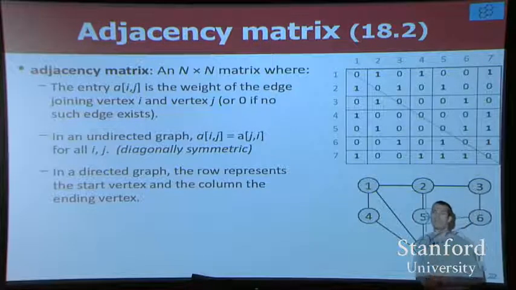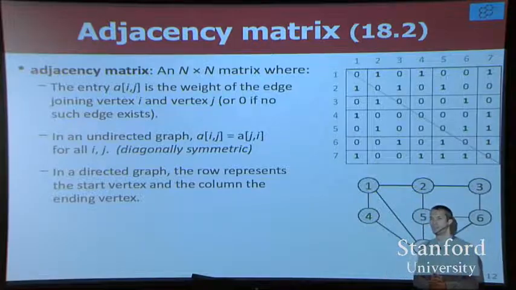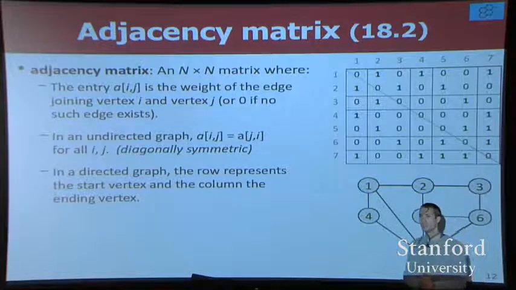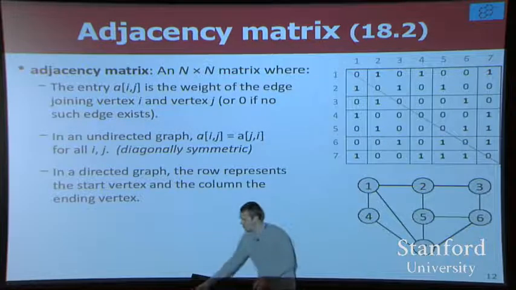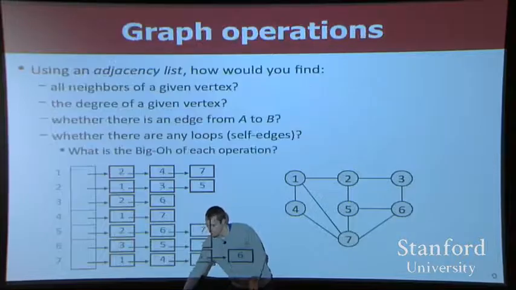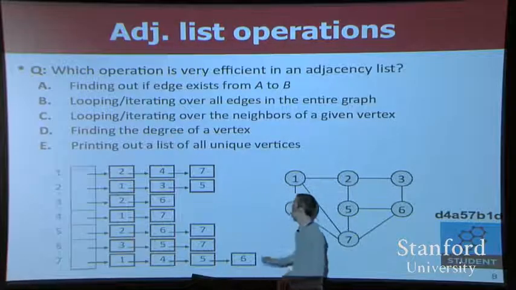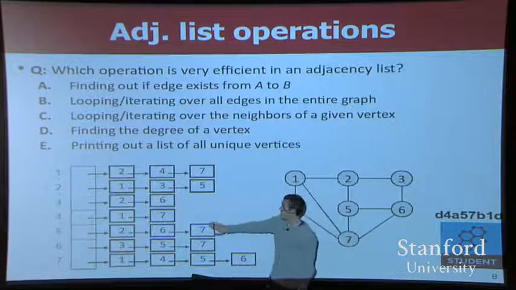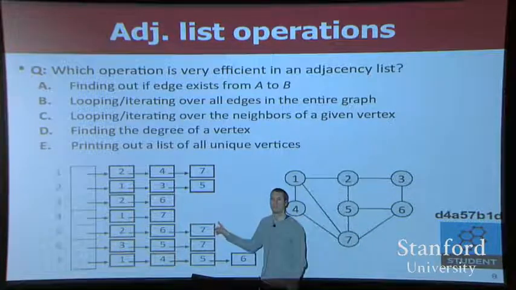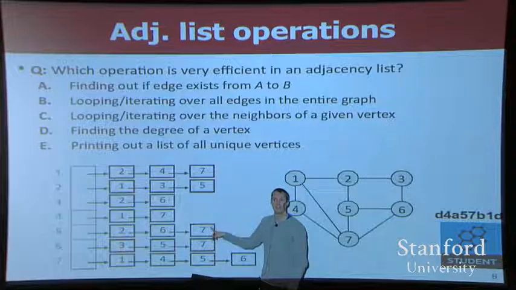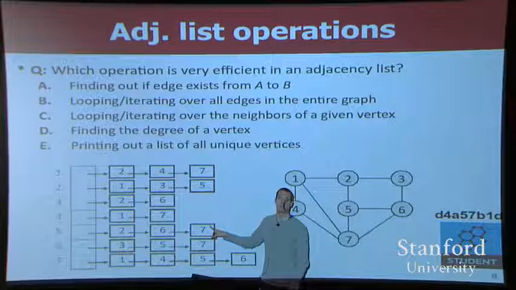If you were building the adjacency list, and the list of neighbors for each vertex was something like a hash set, that would still be O of 1, would it not? You're saying that if I made an adjacency list, but instead of using a linked list or a vector, I made it a hash set, then it would also look up the neighbors really quickly.